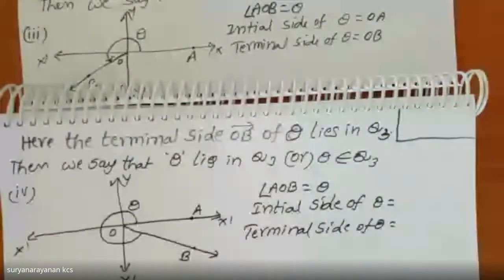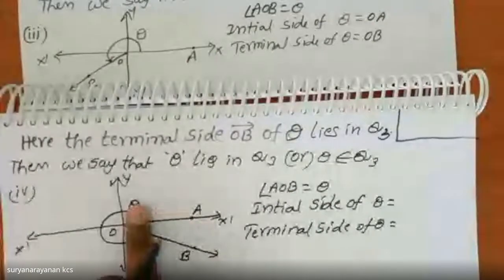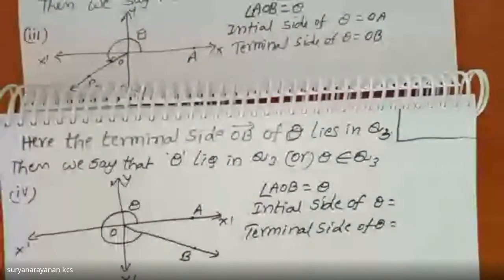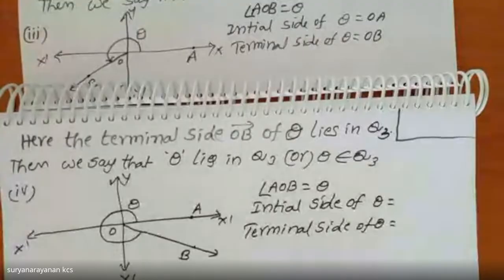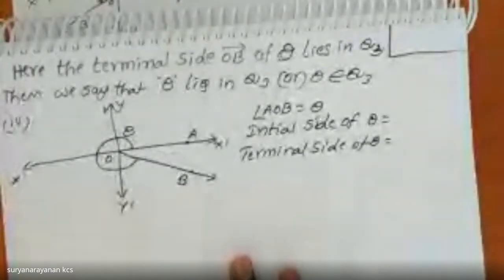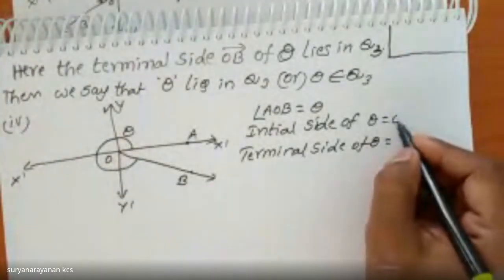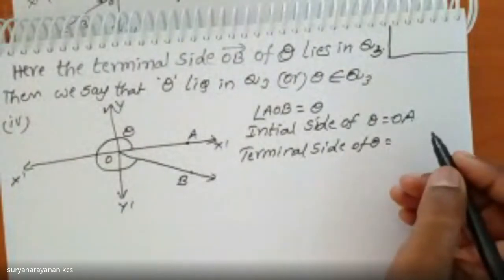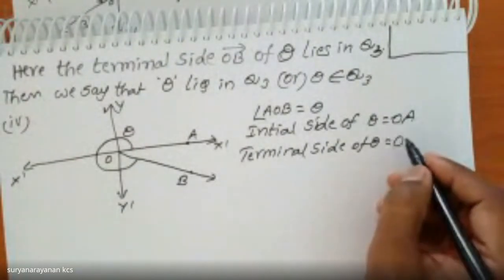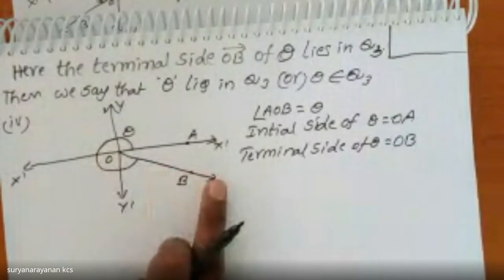What is the initial side of theta and what is the terminal side of this angle theta? Can you find out? Yes, very good, Riya. OA is the initial side and OB is the terminal side.